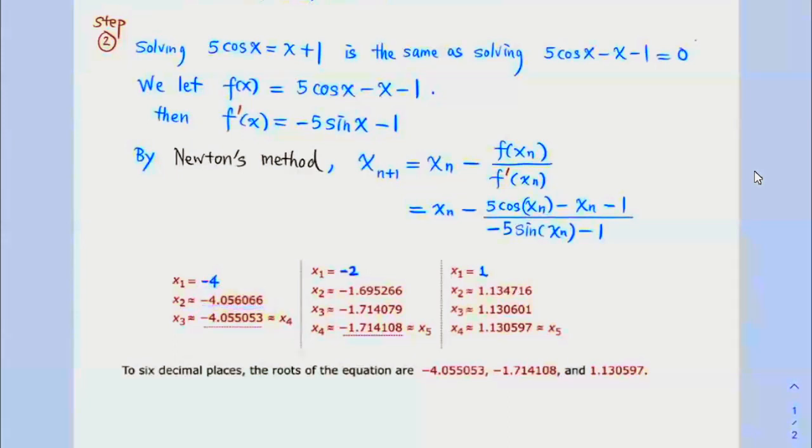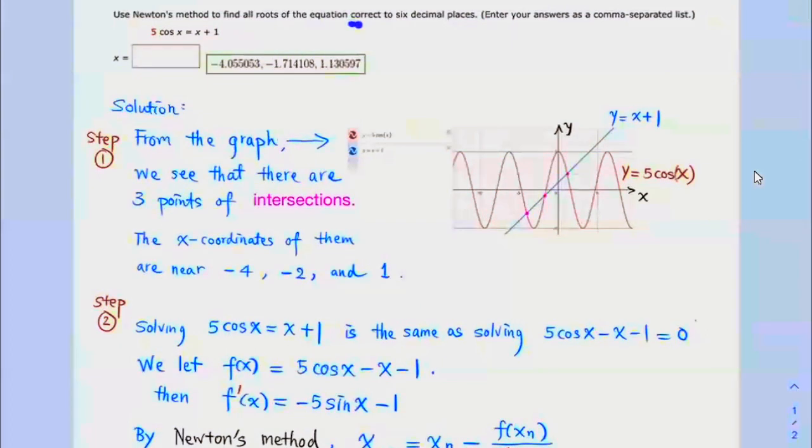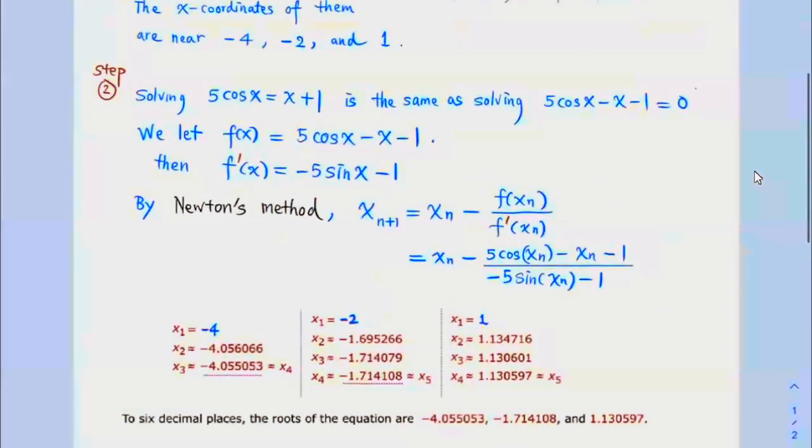Then iterating again, I get x3, which is about equal to x4. These two agree at 6 decimal places. When they agree at 6 decimal places, and all we want is an answer correct to 6 decimal places, then we can just stop.